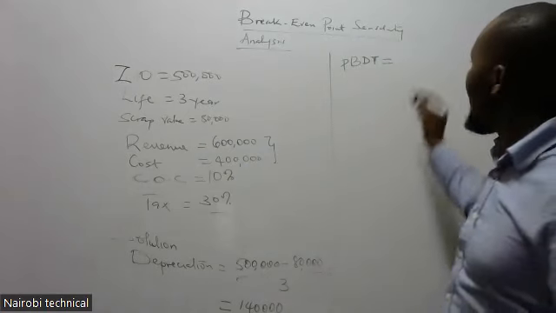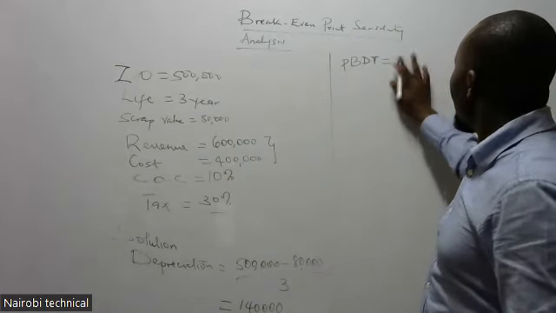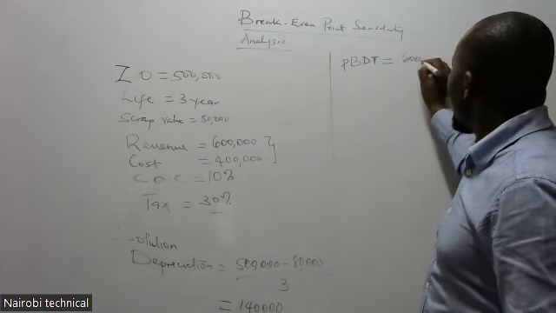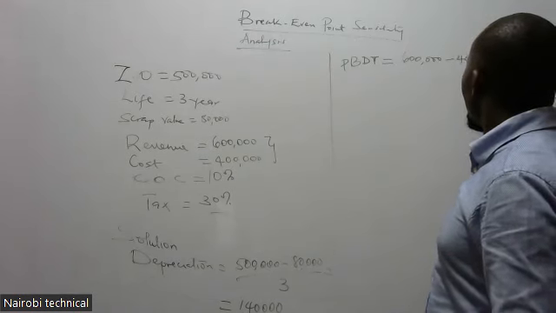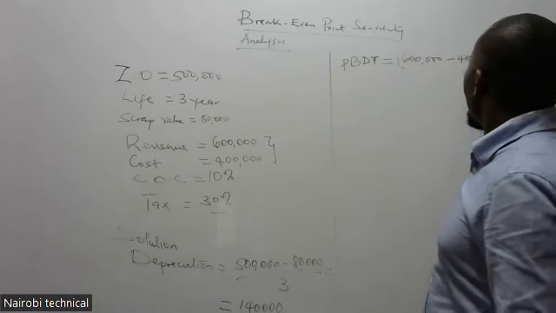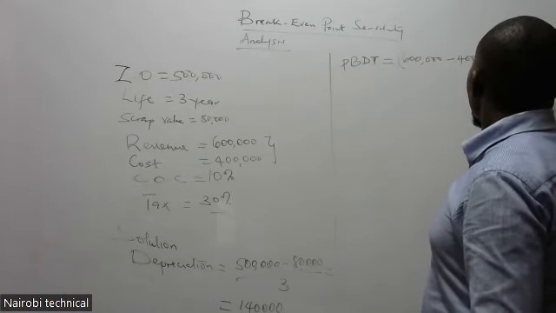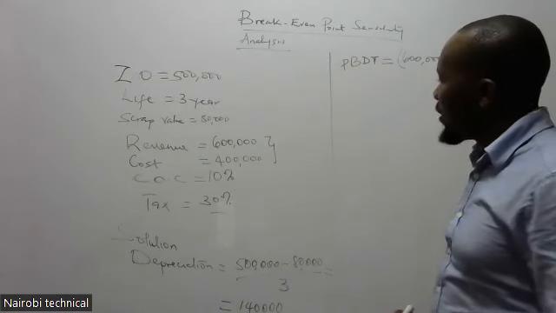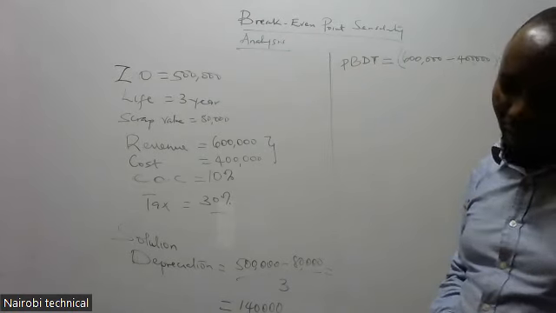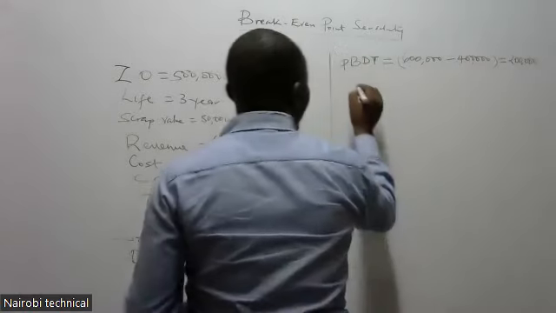Those are what we have. So we have 600 minus 400, which is giving us 200,000, right? Now that is the profit before depreciation and tax. Less depreciation.